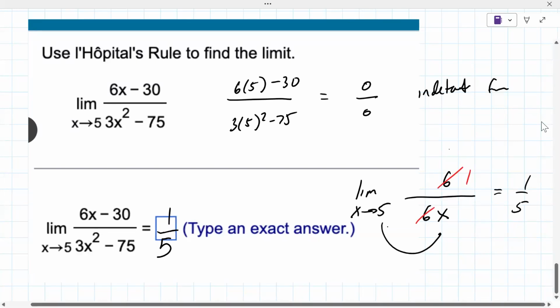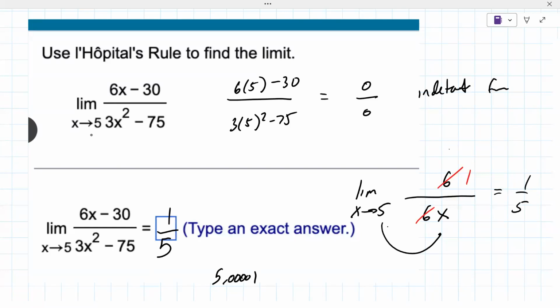We talked about a way to do this on the calculator, which is to pick a number really, really close to 5, like 5.00001 or 4.99999.